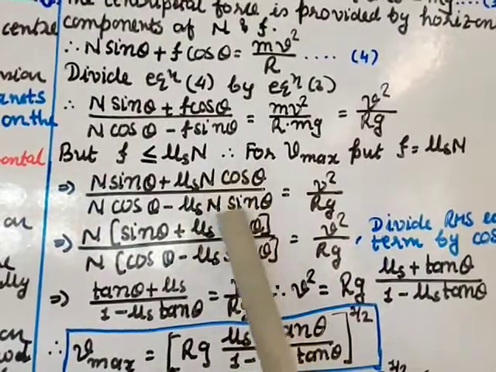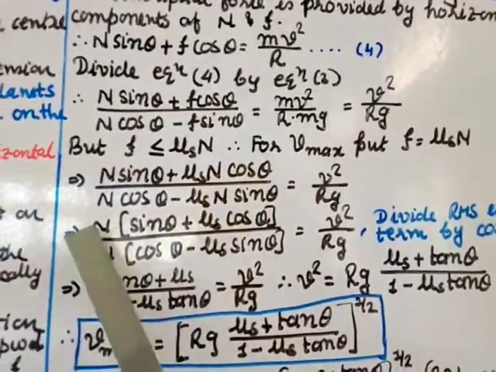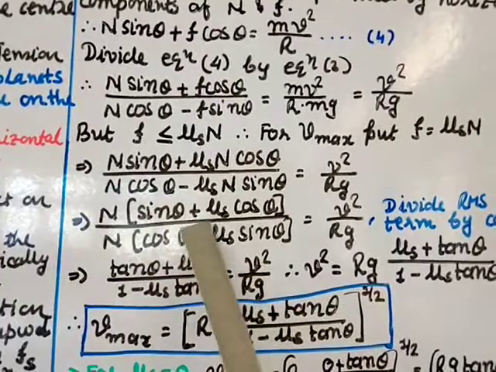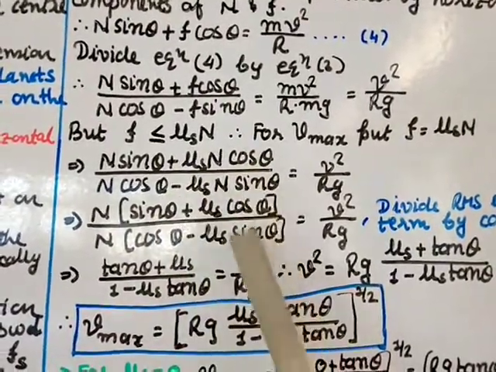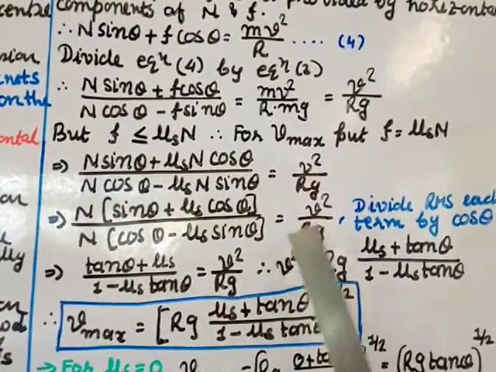From both numerator and denominator take N common and cancel. N is taken, and here remains sin theta plus mu s cos theta divided by cos theta minus mu s sin theta, equals v square by rg as it is.